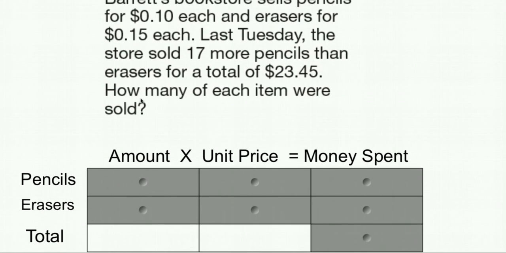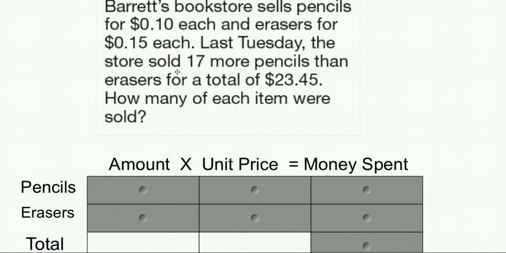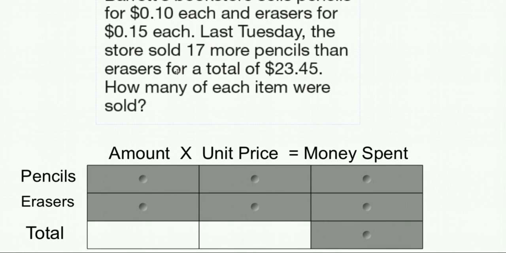Okay, so we know that Barrett's bookstore sells pencils for 10 cents each and erasers for 15 cents each. Last Tuesday, the store sold 17 more pencils than erasers. So that means in this case, we let E be our erasers. That's our let statement. And then to create a let statement for our pencils, we need to do E plus 17 because Barrett sold 17 more pencils than erasers.